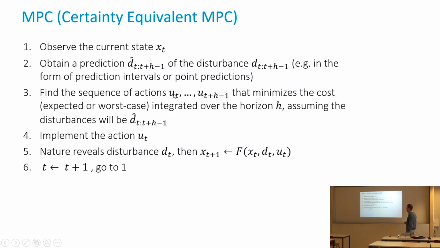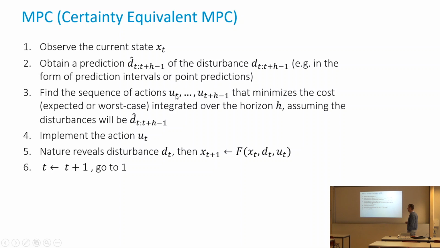Then we solve an optimization problem that consists in saying if the uncertainties are exactly those predicted values, so no bad robust things to do like we had to do last week. We simply take those as certainty equivalent, that's the principle.